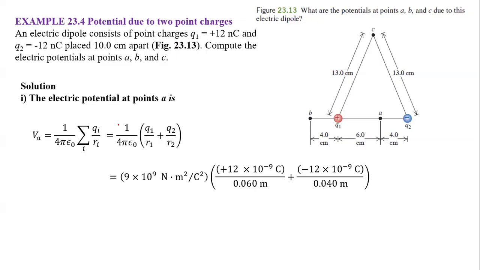The value of 1 over 4 pi epsilon naught is 9 times 10 to the 9 newton meter squared per coulomb squared, times the charge of Q1 over R1, which is 0.60 meter, plus the charge of Q2 over the distance of Q2 to point A, which is 0.40 meter. If we do this on our calculator, it is negative 900 volts.